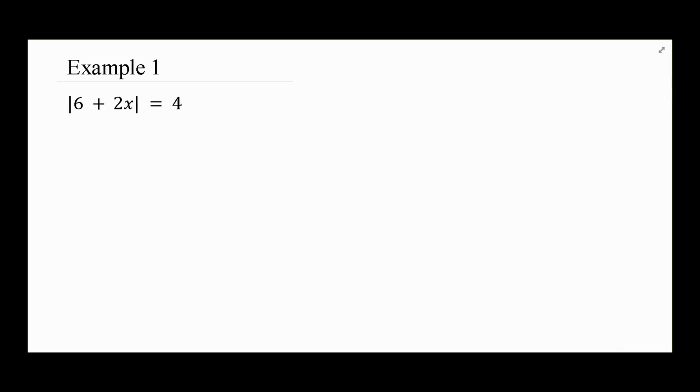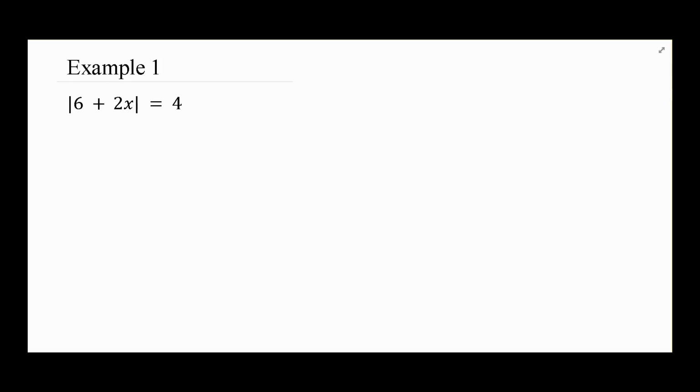Look at our first example. As we look at this example, absolute value of 6 plus 2x equals 4, we want to ask ourselves those two questions. Do we have an absolute value by itself on one side? And yeah, our left-hand side is just an absolute value. Yes, it has stuff on the inside, but what we care about is the absolute value of something by itself on the left side.